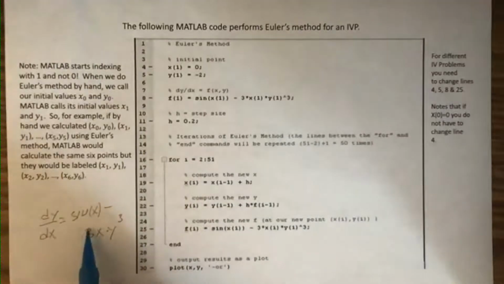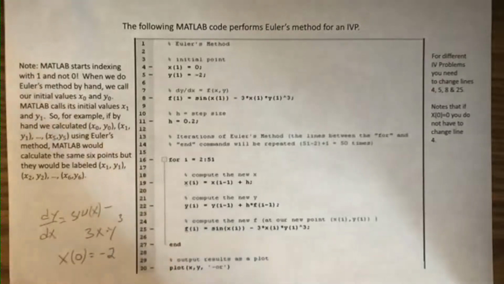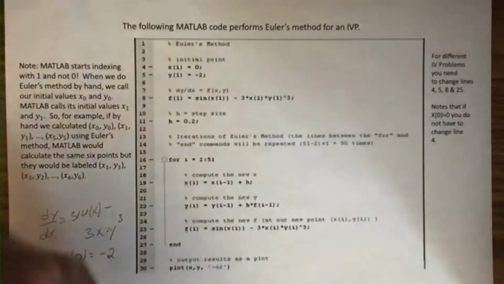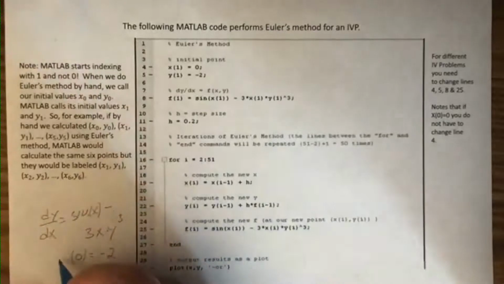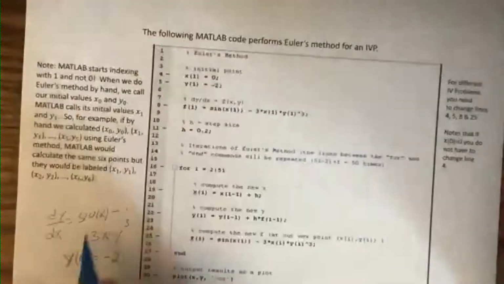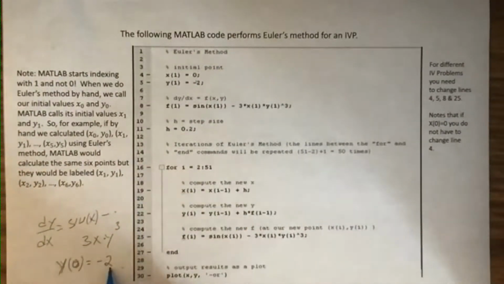That's what it's solving for this initial condition, y of 0 is equal to minus 2. Excuse me, x is equal to 0. So we're solving this differential equation here, right?